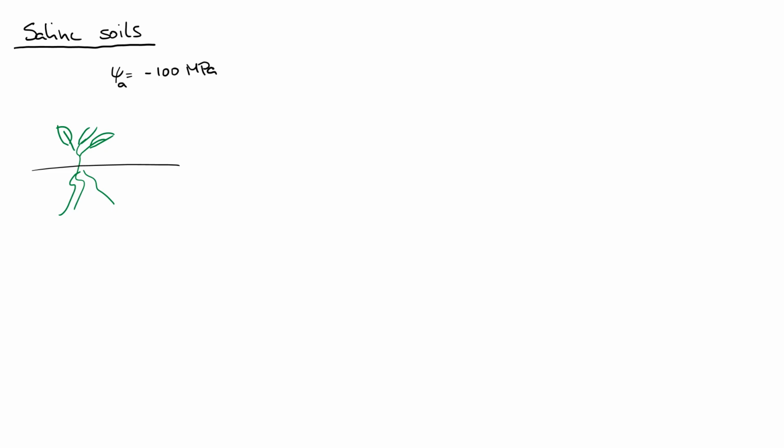So for that, let's review what we know about plant-water relations. We know that in the soil-plant atmosphere continuum, water moves through this plant system in response to gradients in water potential. We have really negative potentials in the atmosphere and then less negative potentials in the plant and eventually in the soil system.